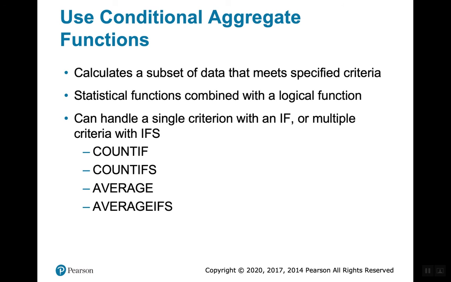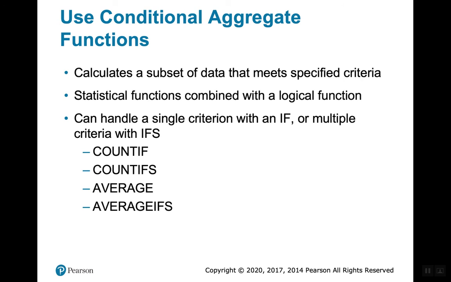The difference between an IF and IFS is that an IF will be a single criteria. It will just check on one thing, whereas an IFS will do multiples. Is it greater than 5? Is it less than 22? Like for ranges and things like that.